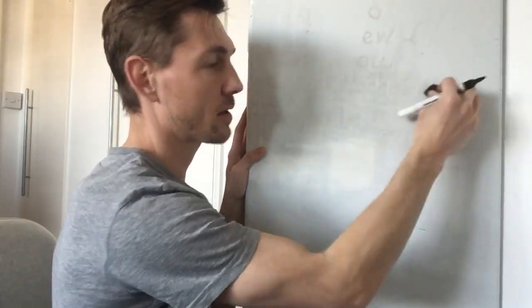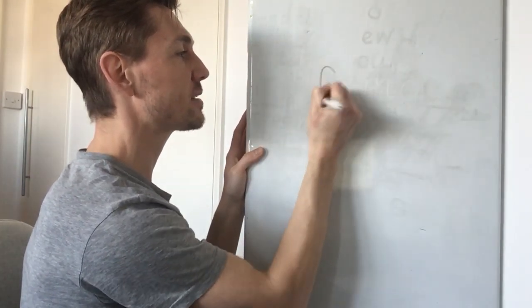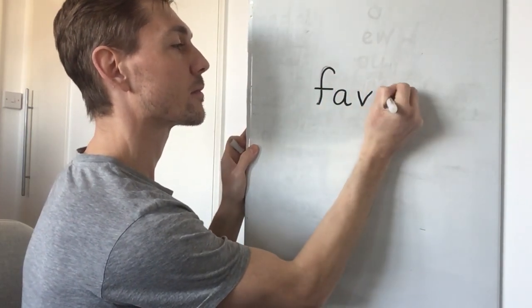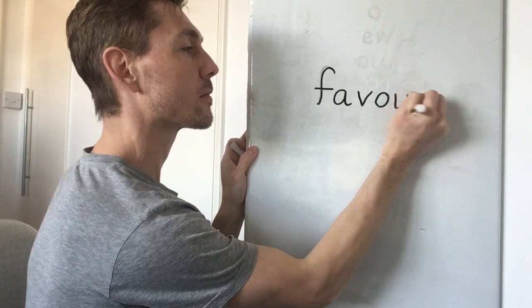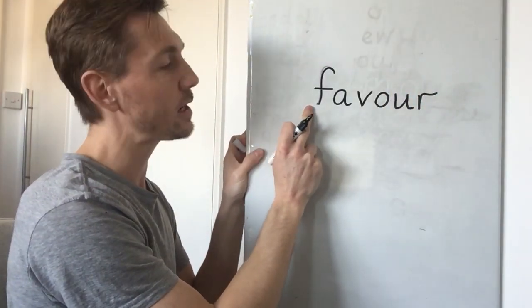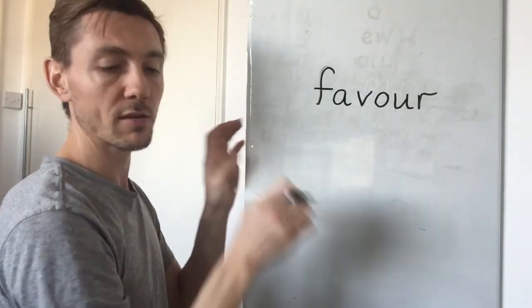Third one should help even more. So the word is, one, two, three. Favour. Can I ask you a favour?